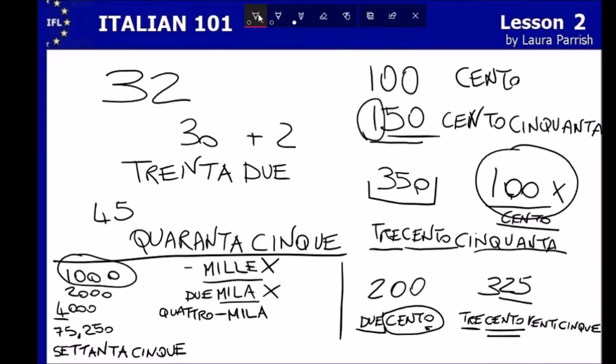Then here is 1,000, 75,000, so it's plural, you add mila. 75.000. Then here is hundreds. 75.200, because singular or plural is always 100, we saw that it doesn't change. 75.200 and the last part is 50. 75.250.